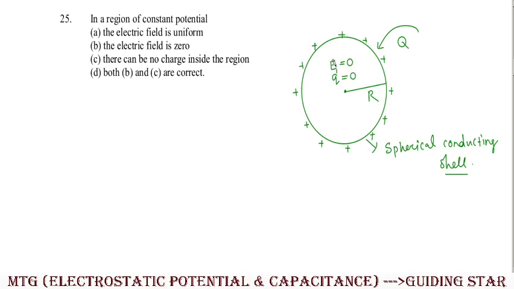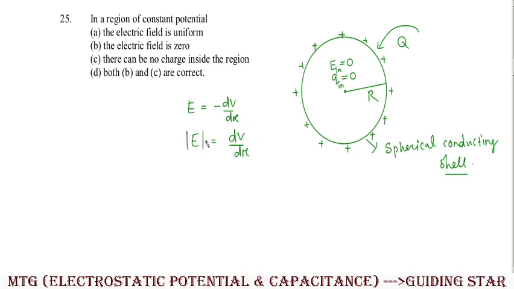That means electric field inside, charge inside, that remains zero. Clear? So here if electric field inside is zero, we know the relationship between E and V as E equal to minus dV by dr. So magnitude of E will be nothing but dV by dr.